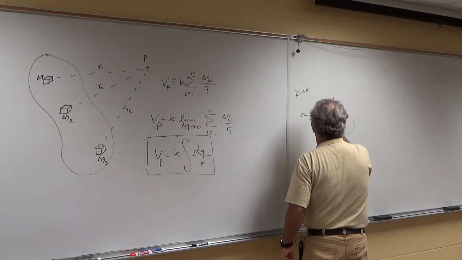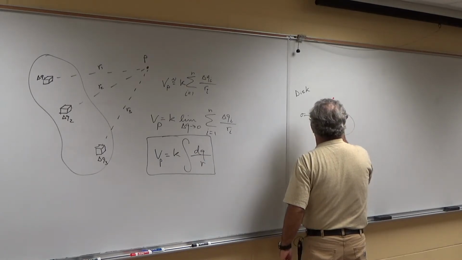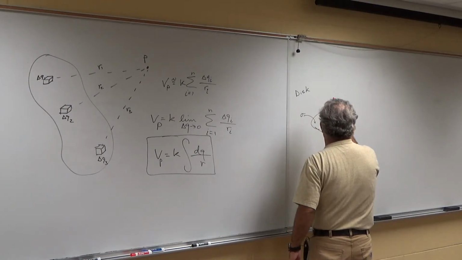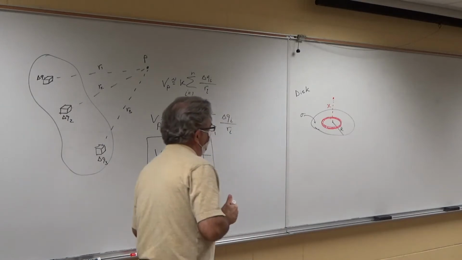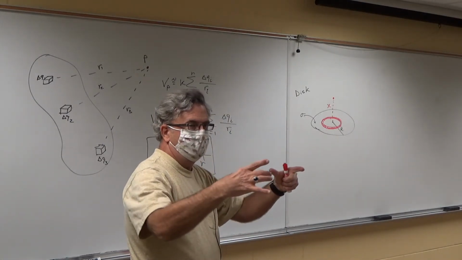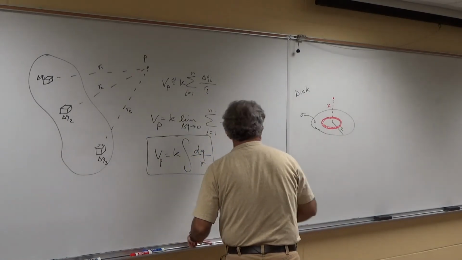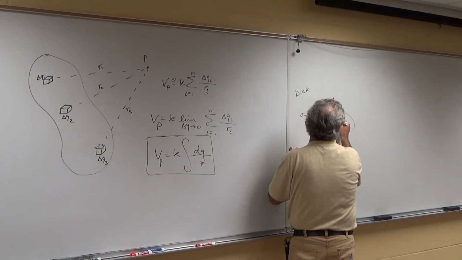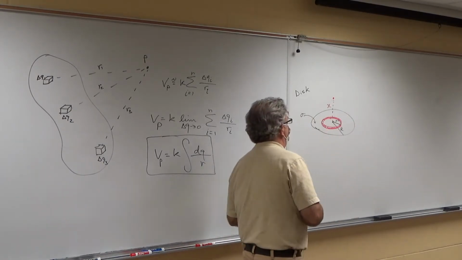Not easy for me to draw. Okay. So I'm going to break it up into these little strips of charge. All right. And we'll sum over all those little strips. This distance to the little strip, I'm going to call R prime.